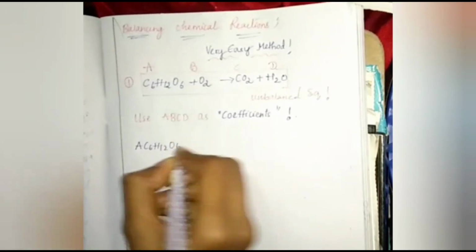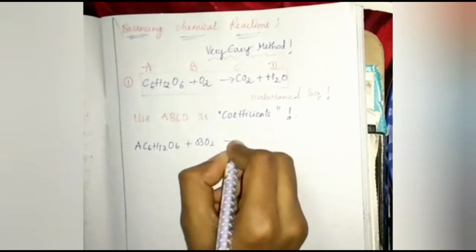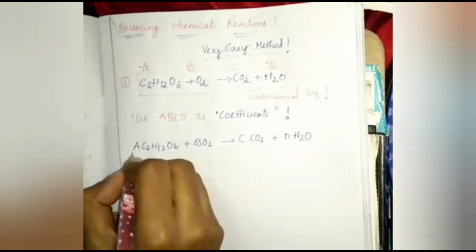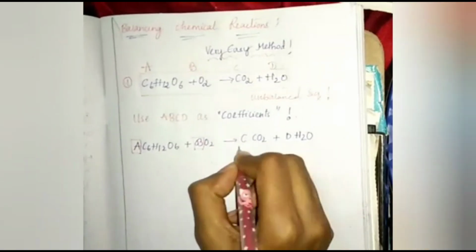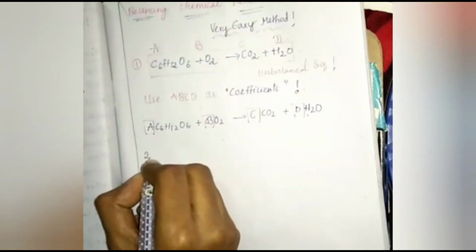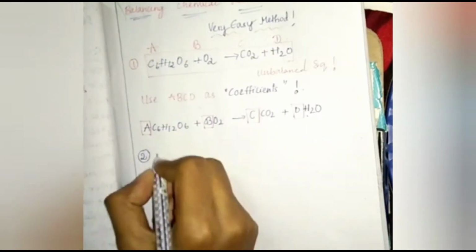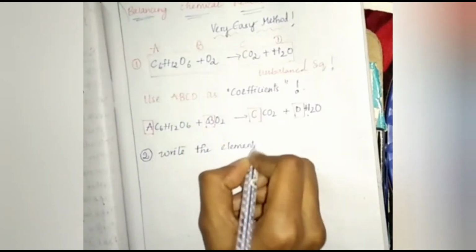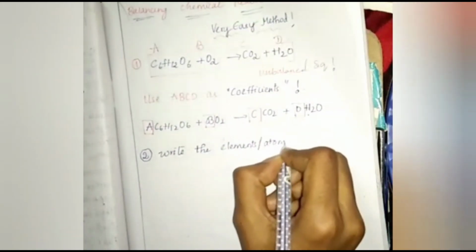What is the next step? Write the elements or atoms with their coefficients and subscripts by equalizing RHS and LHS. I am writing the equation again. A, B, C, D are the coefficients for the compounds, reactants as well as products.